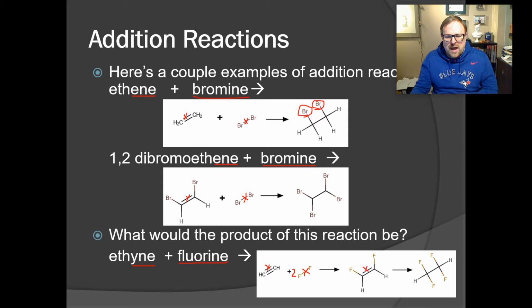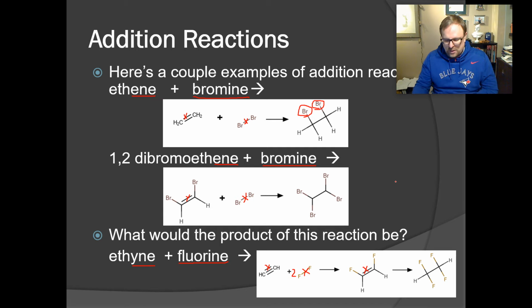And then we're going to break that again, add the second one of these fluorines to the spot where we broke the bond, and we end up with a 1,1,2,2 tetrafluoroethane as our final product. Hope that makes sense to you. Relatively straightforward. The trick to doing these reactions is recognizing what kind of reaction it is. I have, in these cases, unsaturated hydrocarbons reacting with small diatomic molecules, so I know that each of these is an addition reaction.